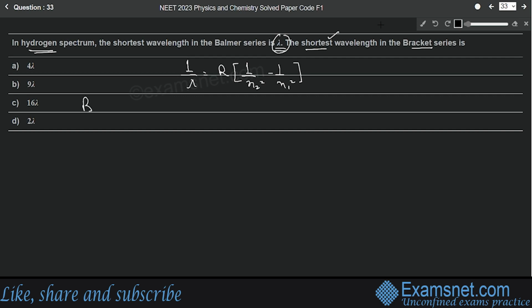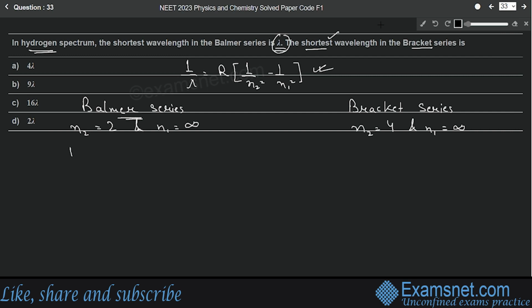Now we have two series here. First one is the Balmer series, and the second series that we have to consider is Brackett series, right? We know that for Balmer series n2 equals 2 and n1 equals infinity, whereas for Brackett series n2 equals 4 and n1 equals infinity. Let's put these values in the Rydberg's formula.